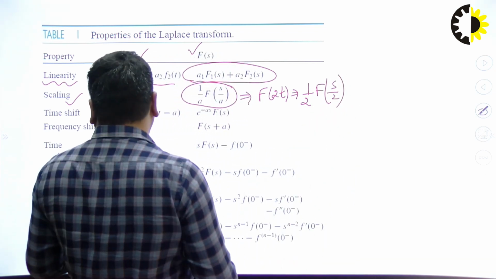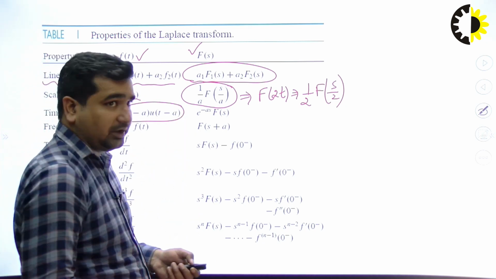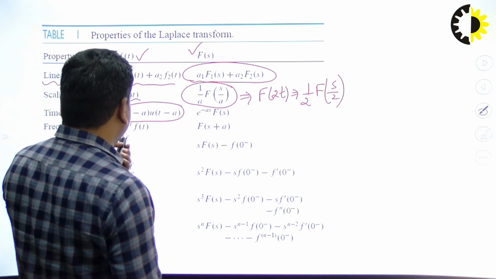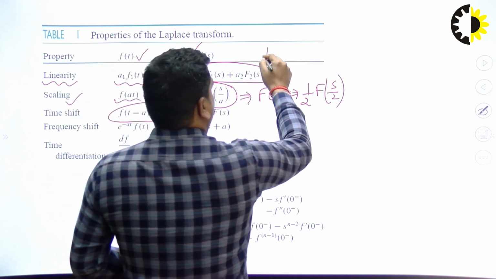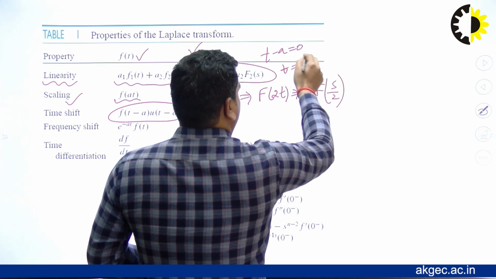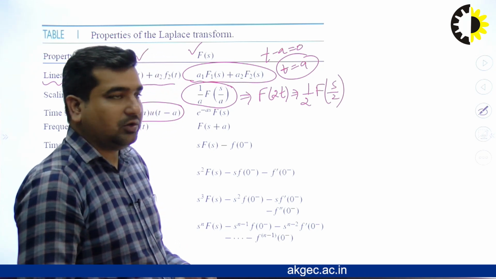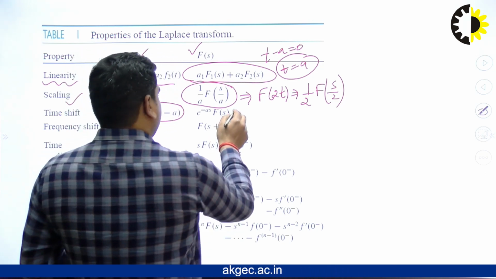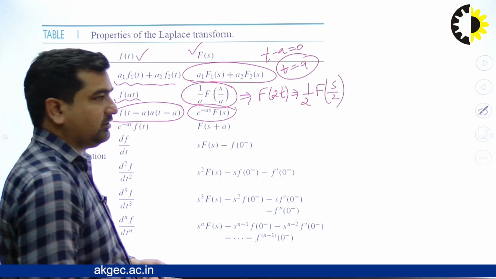Here it is time shifting. We are shifting the time by a, positive a, meaning t minus a equal to 0, so t is replaced by a, when the function starts from t equal to a. In that case the Laplace transform becomes e to the power minus as into F(s).